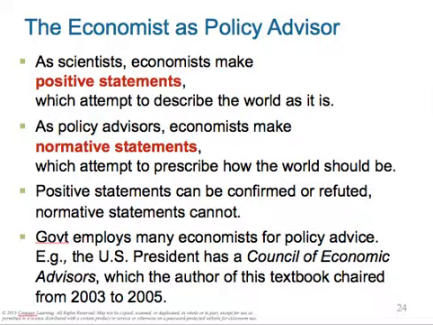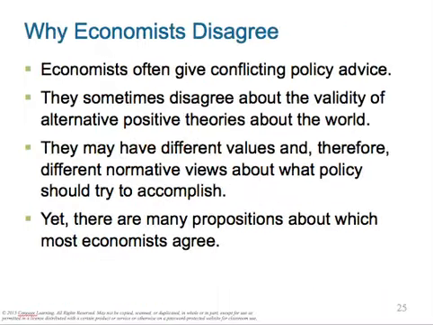Governments employ many economists for policy advice. An example is the U.S. President has the Council of Economic Advisors, which the author of this textbook, Mankiw, chaired from 2003 to 2005. So economists disagree. I want to say it was Nixon.